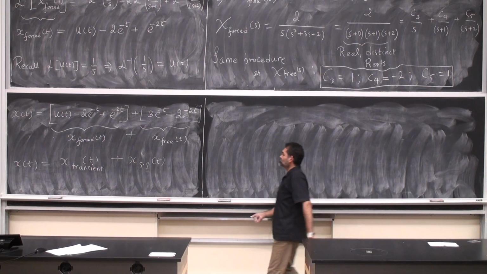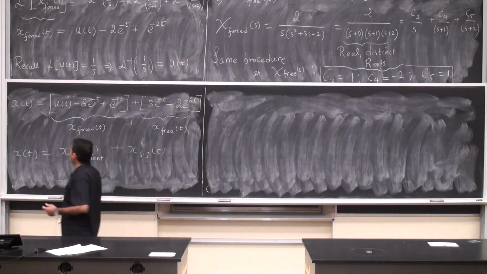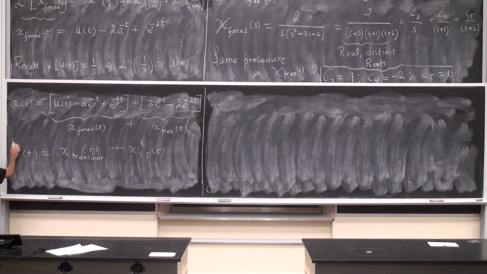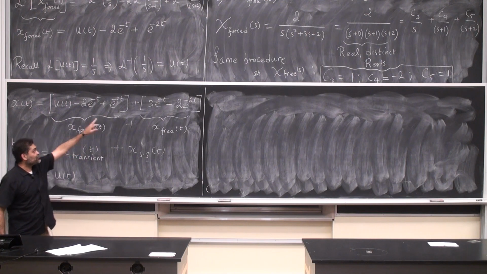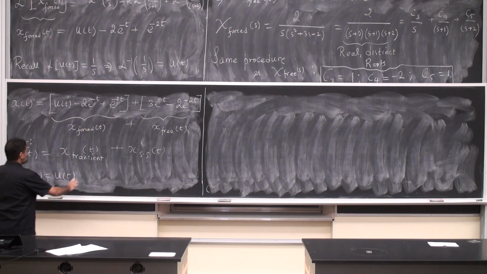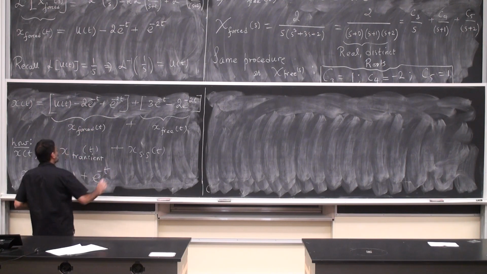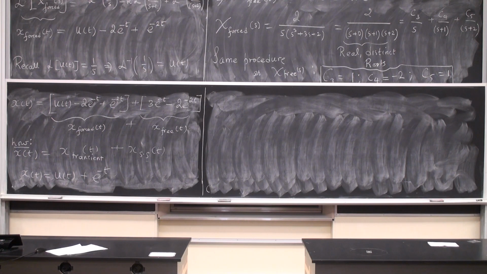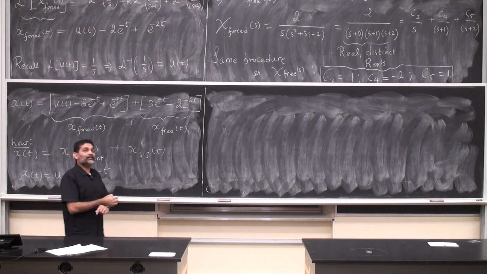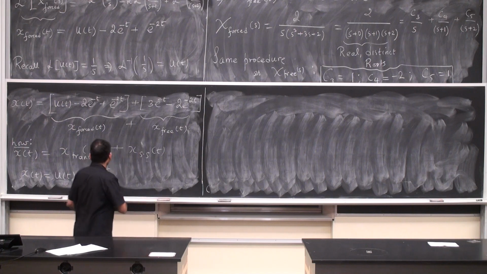Okay, so look at x of t. To do this, write x of t is u of t. I have minus 2 e to the power minus t, 3 e to the power minus t, so 3 minus 2 is 1. I have plus 1 e to the power minus 2t, minus 2 e to the power minus 2t, so that's minus e to the power minus 2t.